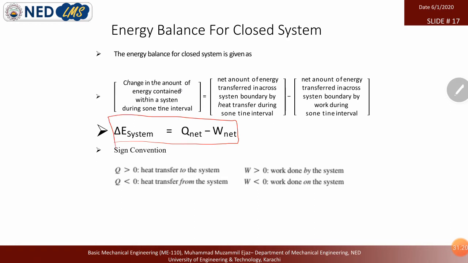So the change in the amount of energy contained within the system during the interval is equal to the net amount of energy transfer across the system boundary by heat transfer during some time interval. I will correct its words: the net amount of energy transfer across the system boundary by work during some interval.